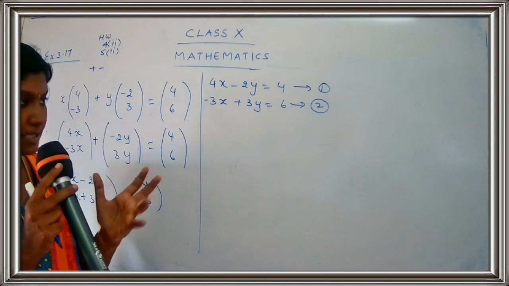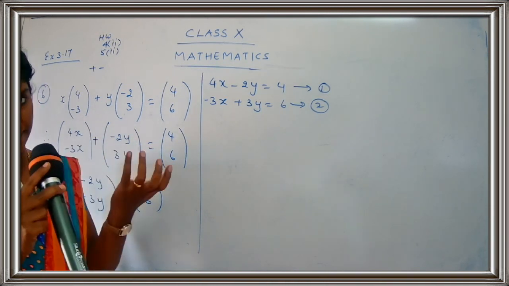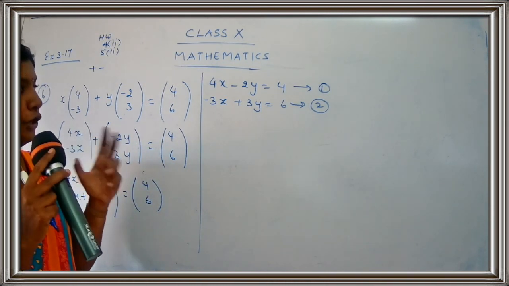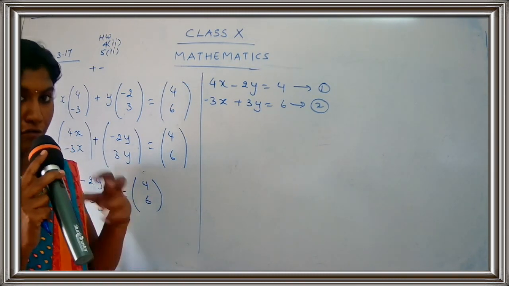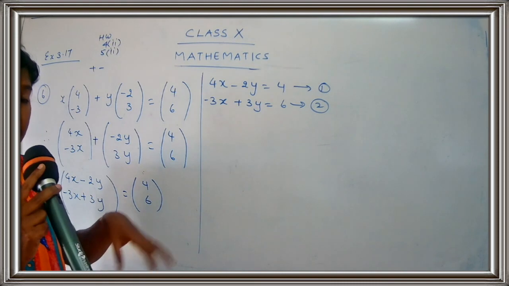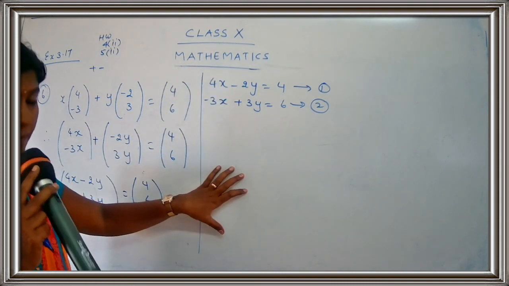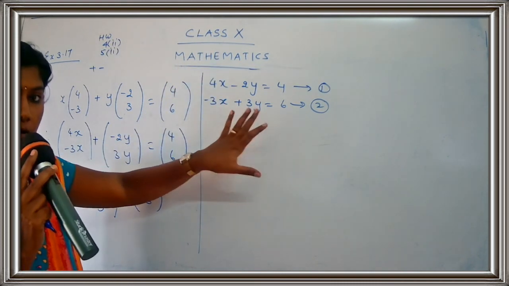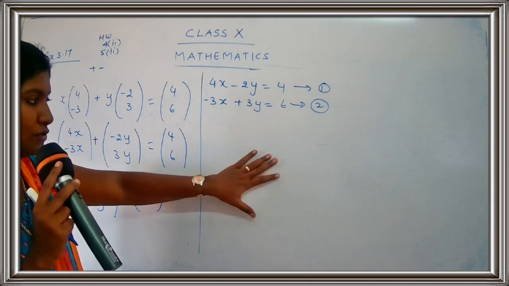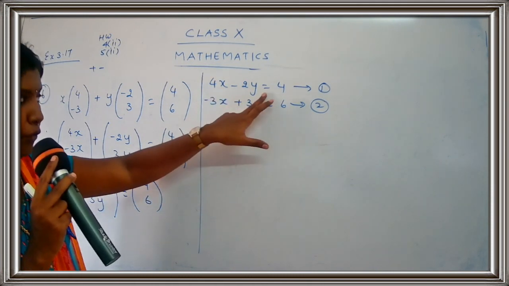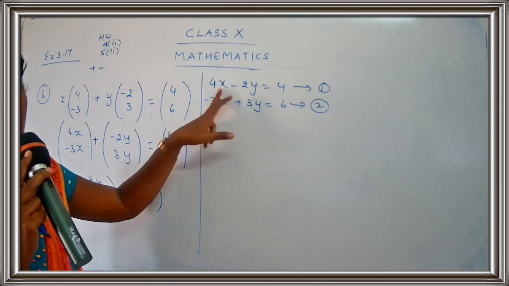You have to make the coefficients the same. First you make the coefficient of x equal, and once you do, you can cancel the x term and you will get the value for y. Once we get the value for y, you substitute it in any one of the equations and get the value for x.